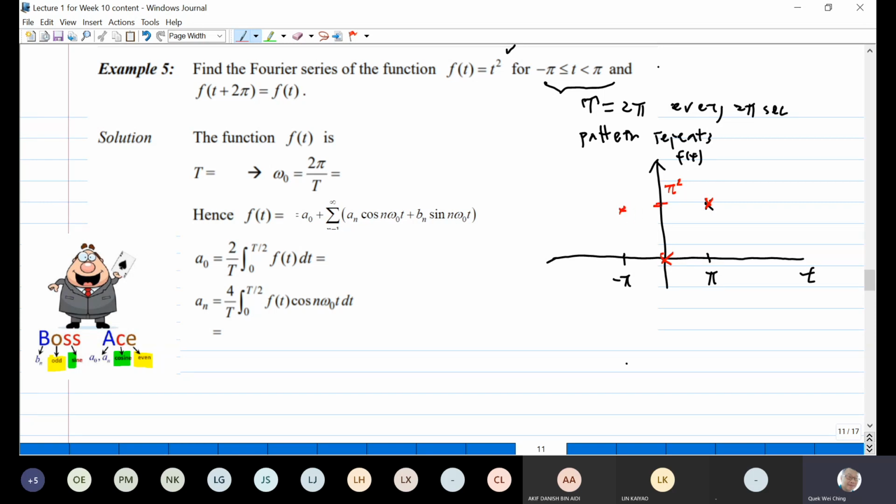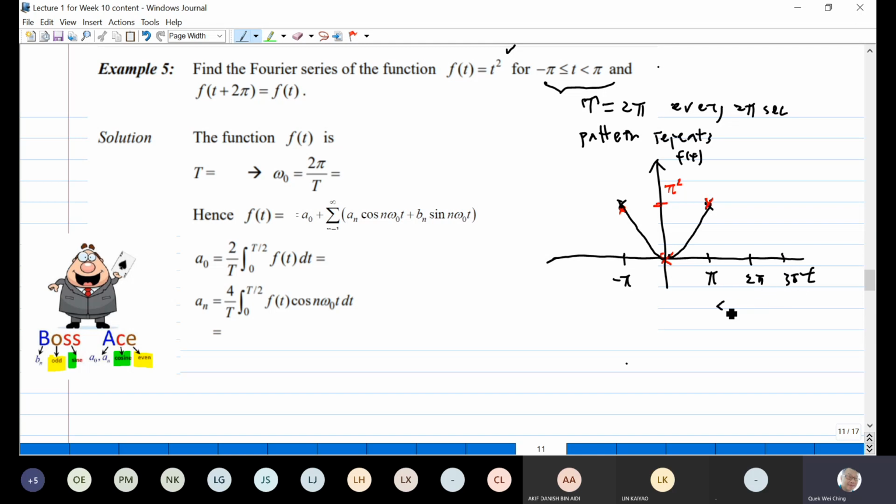So the graph, if you draw it, becomes something like this. This is one period, T equals 2 pi. Every 2 pi it repeats. So you can draw 2 pi here, 3 pi here.